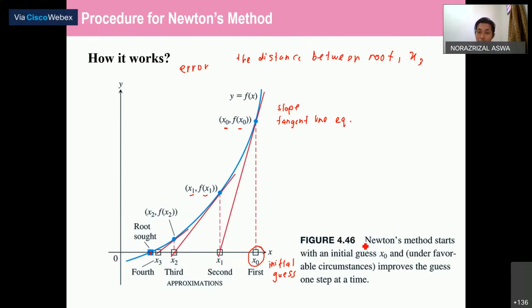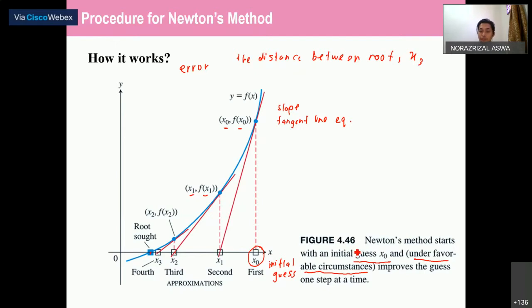So again, you can see from this caption here, Newton's method starts with an initial guess and improves the guess one step at a time. But it mentions here, under favorable circumstances, that the Newton method does not work every time. Sometimes you choose a wrong initial guess, and you will not find the root, or you will find a different root.